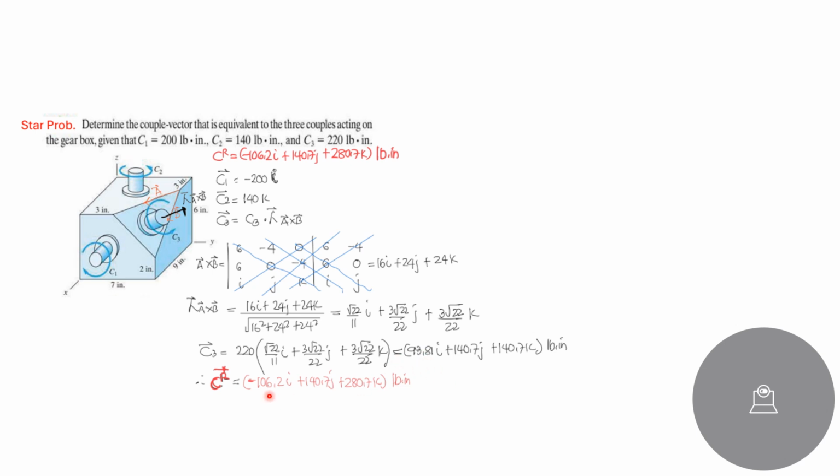So that's negative 106.2i. For j, there's no j there, so we just copy 140.7j. And for k, we have 140 plus 140.7. That's 280.7k pound-inch. So that's it for that star problem.